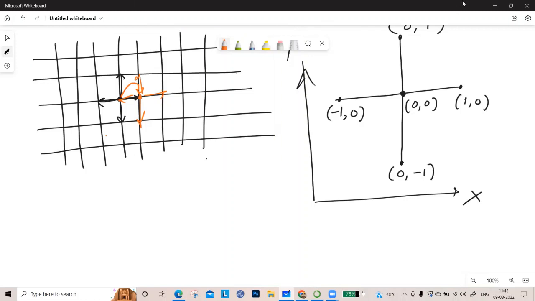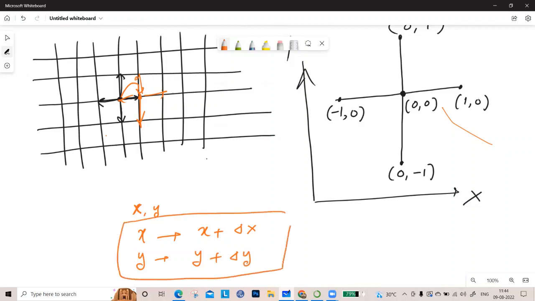This is the simple thing we'll do. So let me go to the computer, but before I go to the computer, let me tell you that if the initial position is x and y, then x goes as x plus delta x, and y goes as y plus delta y at each time step, okay?